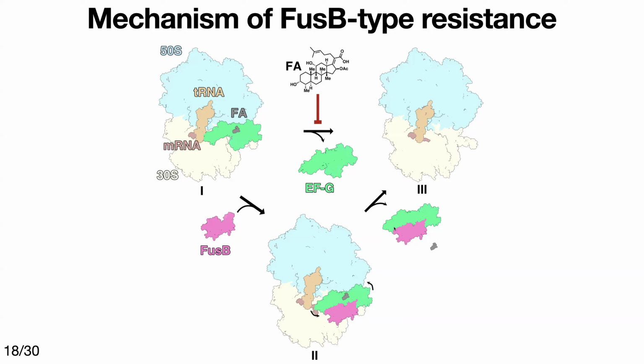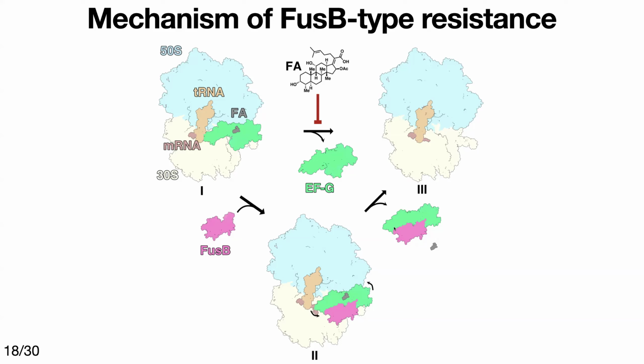And you still have more EFG than FUSB, so the leftover EFG can perform the function. The main thing is you want to get these ribosomes unstuck, because it's not good to have one ribosome stuck. Other ribosomes can collide with that ribosome and things like that. It gets a bit of a party in there.